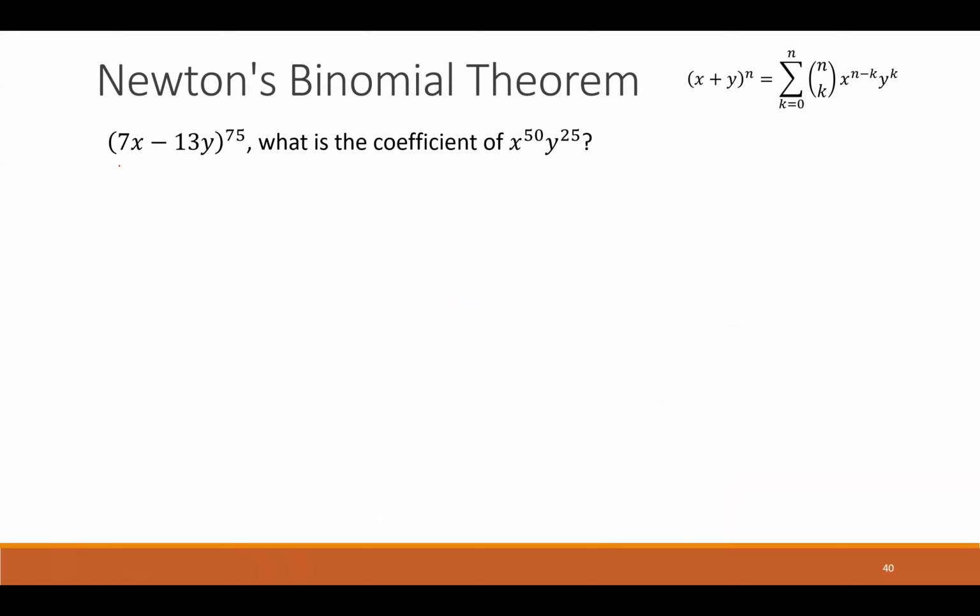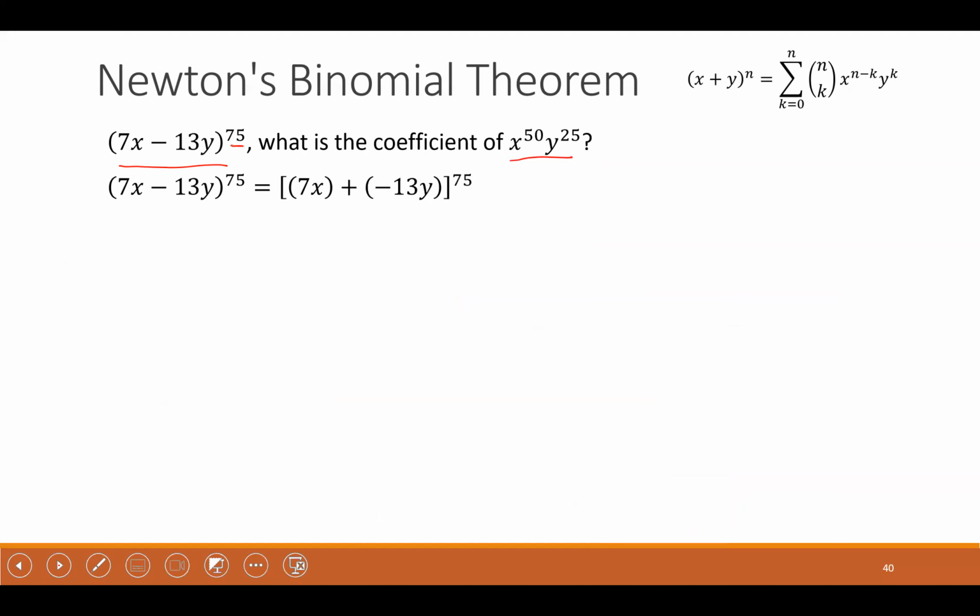All right, let's put one more little twist on it. Now we have (7x minus 13y). So again, what's the coefficient of x to the 50, y to the 25? This is raised to the 75. All right, so again, I'm going to substitute in x prime and y prime, but I'm not going to do it explicitly.